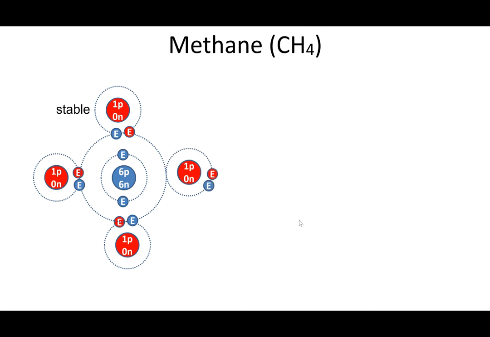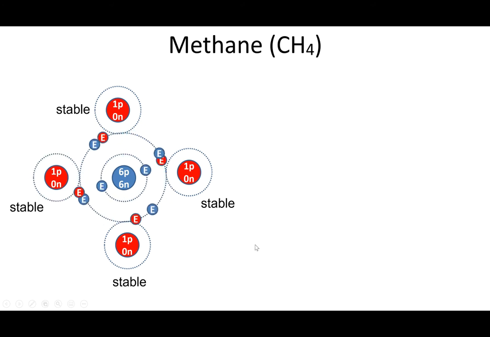That's stable. These guys are sharing. Stable. These guys are sharing. That's stable. And these guys are sharing, making them both stable. So now methane is a stable molecule. The carbon is satisfied. It has 8 electrons, and each of the hydrogens are stable because they are sharing electrons, so they each have 2 in their outer ring as well. So everybody's happy.